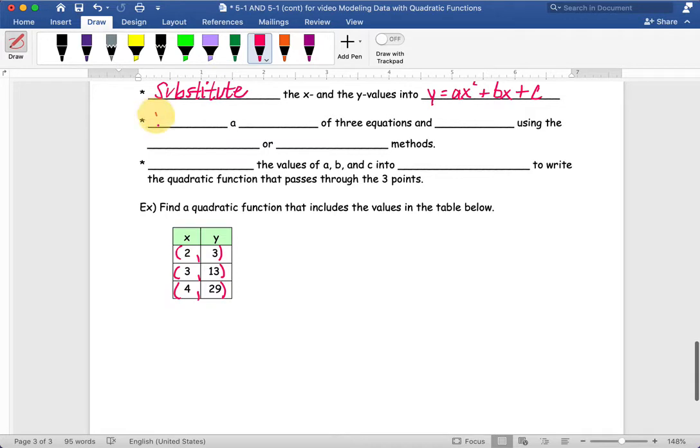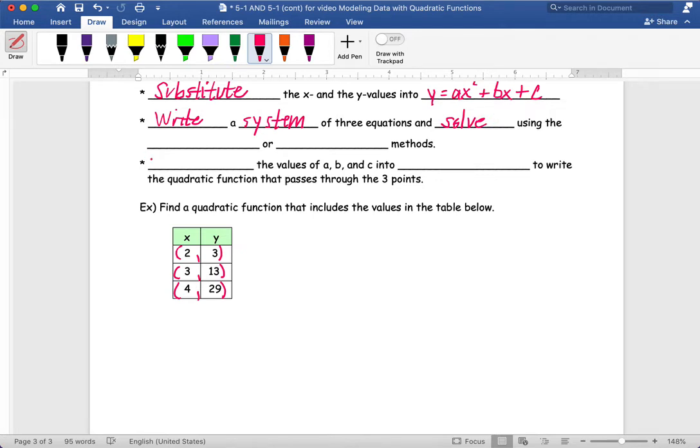Then we're going to write a system of 3 equations, and you're going to solve it. You have to, because you have to find what a, b, and c are.